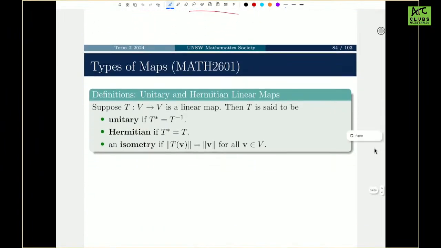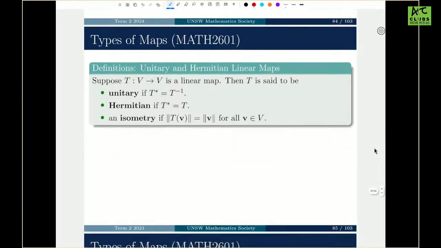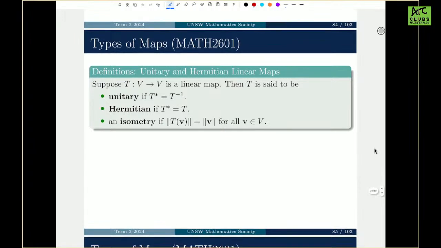Now we're going to look at some types of maps. There are a few that are interesting. If we have a linear transformation T from V to V, and T star, the conjugate transpose or its adjoint, is the inverse map, then it's unitary. I'll tell you a really cool fact about this.